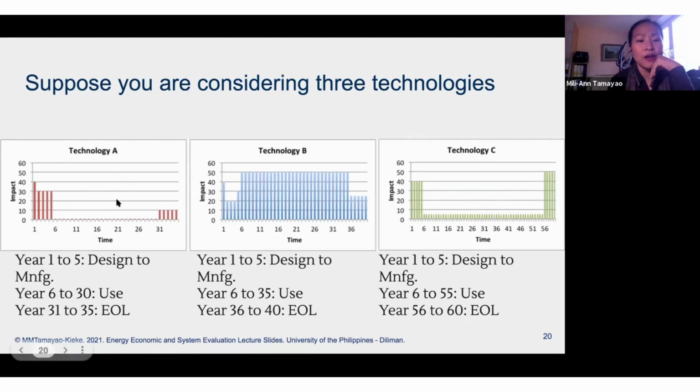But as pointed out, its lifespan is shorter. So if you want an apple-to-apple comparison, you would want to be more inclusive in terms of the lifespan of technology B and C. And therefore, technology A might repeat its other life cycle stages. And what would that look like? Okay? What else? Are there other comments here?